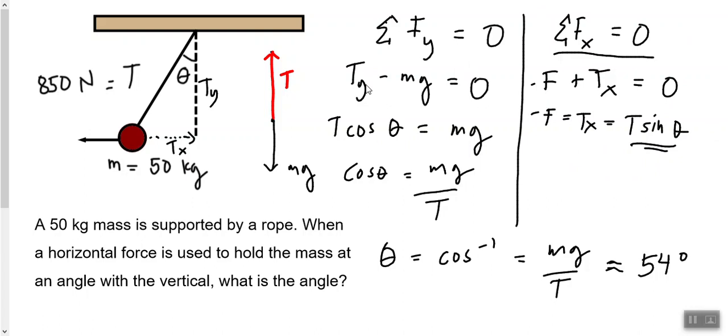So given that T sub Y is the positive going up minus the weight of the object, rearranging the equation, solving for theta, then we could find this, and solving for the angle you should get about 54 degrees. If you have questions, let me know. And that's for the first condition on equilibrium.